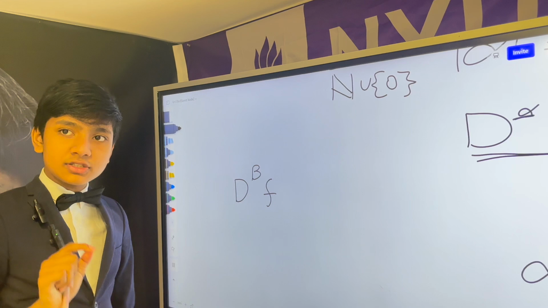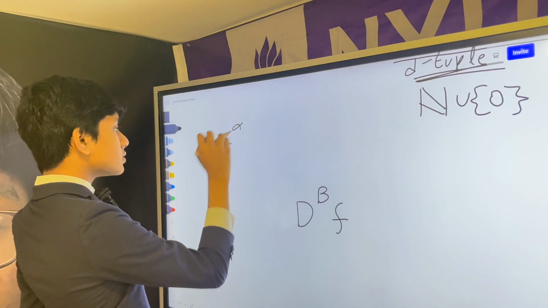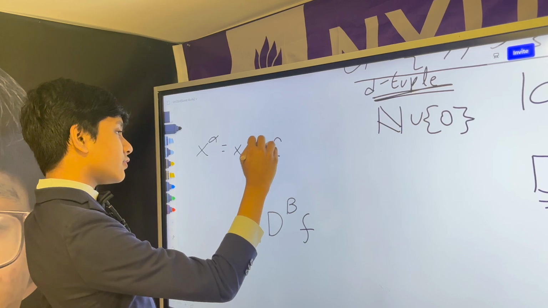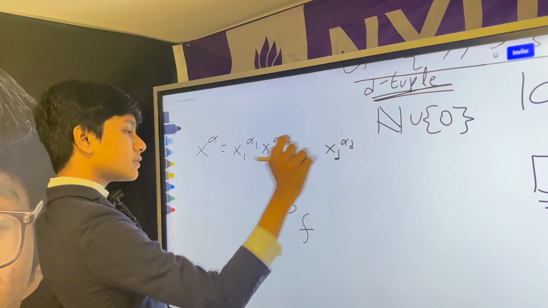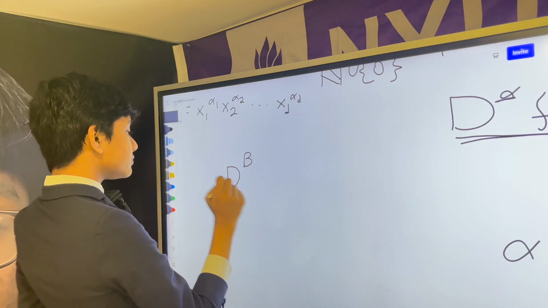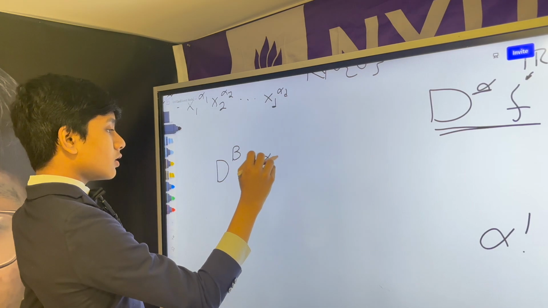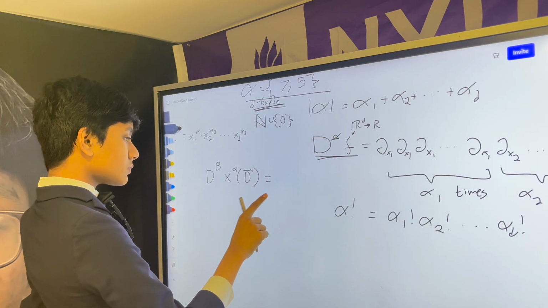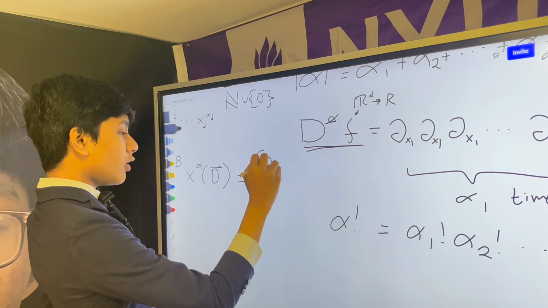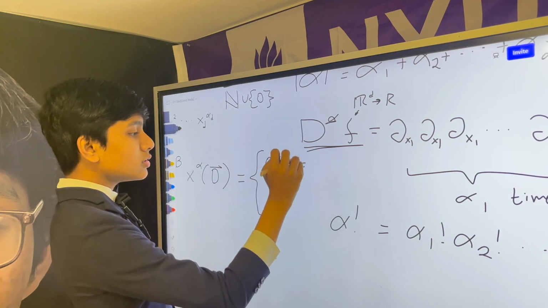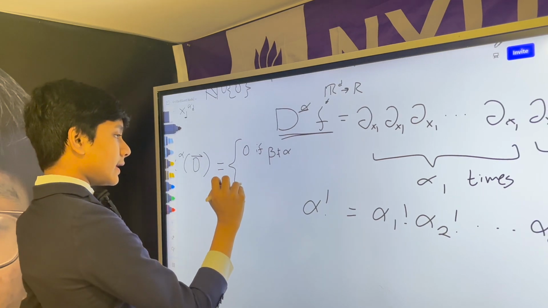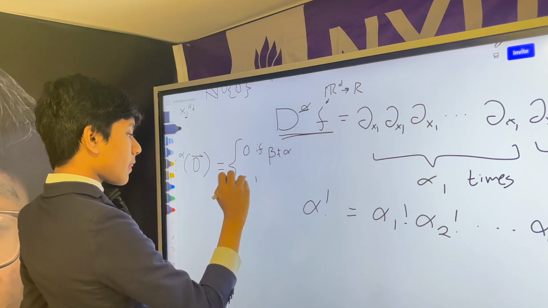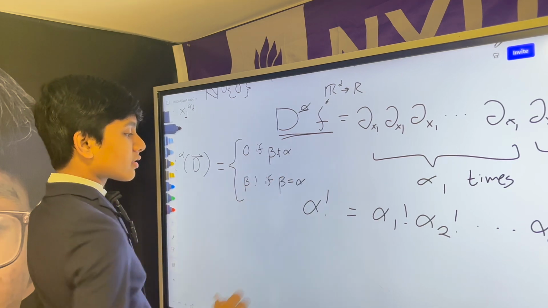If we have a specific function, x^alpha, such that this is equal to x1^alpha 1, x2^alpha 2, through xd^alpha d, then when we write this out, we want to show that at the 0 vector, this is equal to 0 if beta is not the same multi-index as alpha, and alpha factorial if the two are the same.